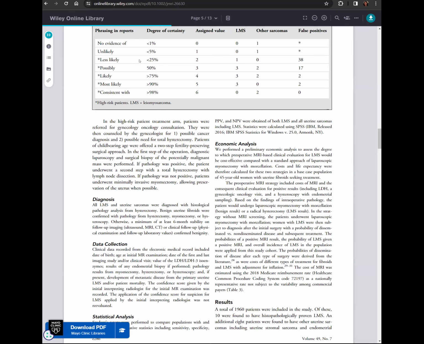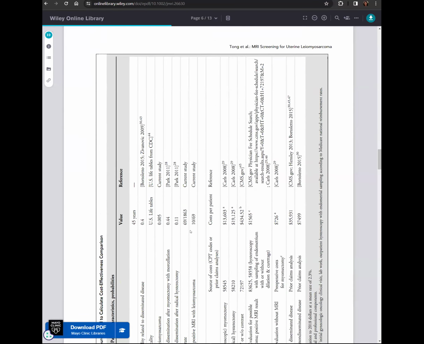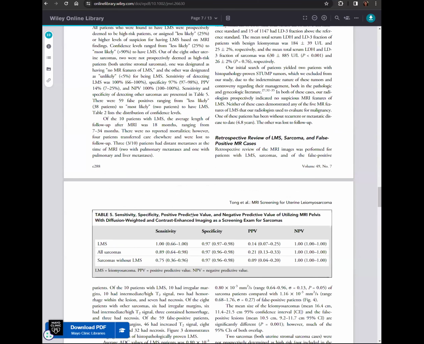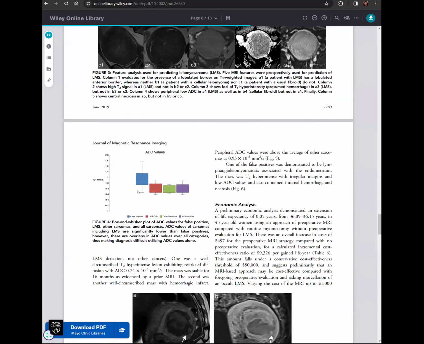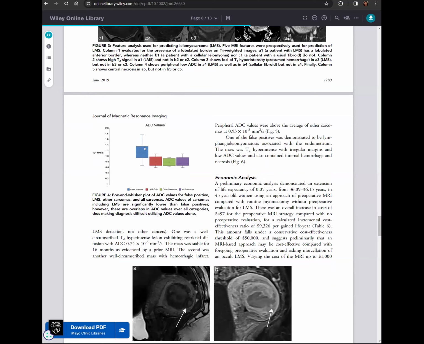And they used a Likert scale. So they did a binary: anything that was this or that versus less likely or higher, they grouped into 2 categories. And they did a box plot chart and false positive. So things like this, I would call a false positive.